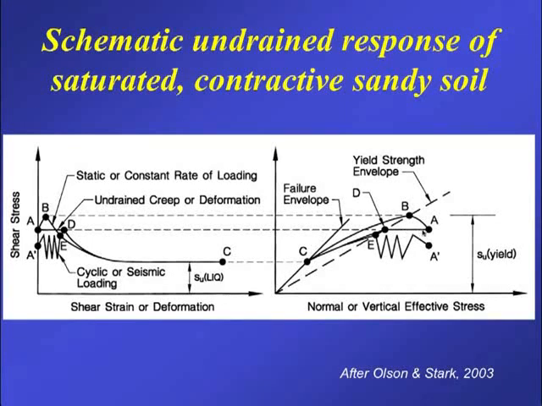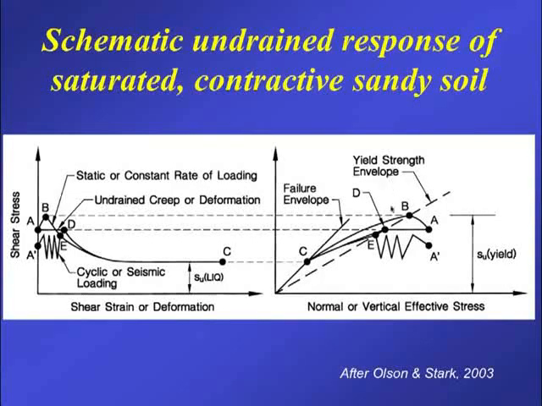And again, illustrating it can be by undrained creep or deformation that gets it there, or by cyclic loading. Or another form of loading, one that's quite dangerous for large structures, particularly earth dams or tailing structures, is a relatively steep slope and then a rising phreatic surface. And so you might be at point A, and as the phreatic surface rises, the shear stress stays essentially constant, but the effective stress decreases.